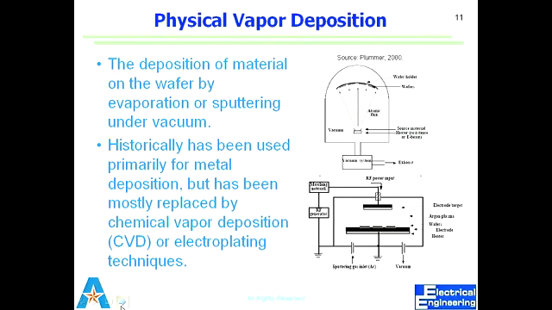By providing a vacuum, we are taking away most of those atoms which may be in the chamber. So essentially when an atom evaporates from the crucible, that pot where we have melted it, it essentially travels in a straight line up to the wafer.